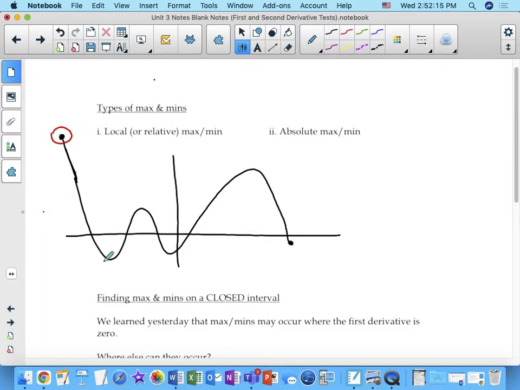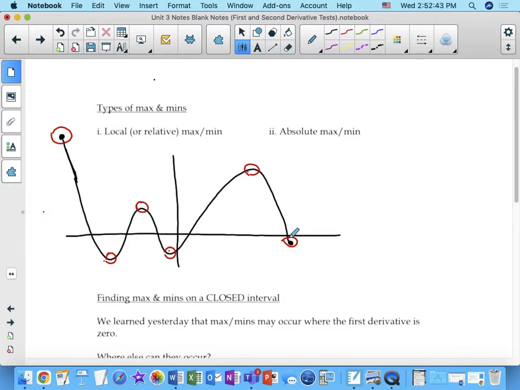Any of these points, I'm going to draw in red, can be called max or min points.